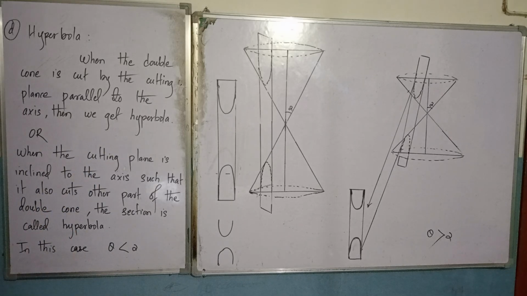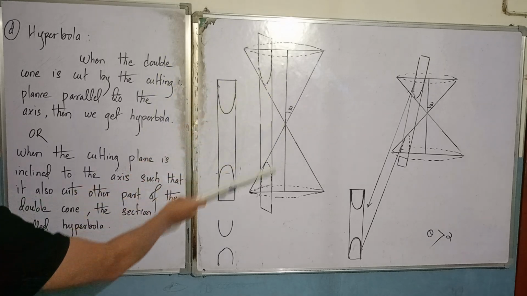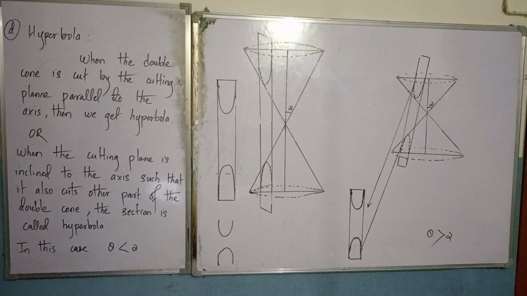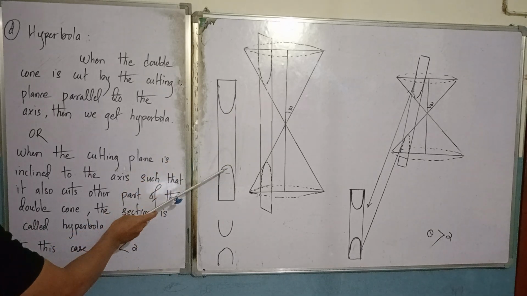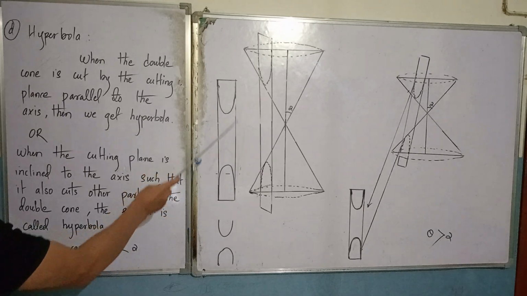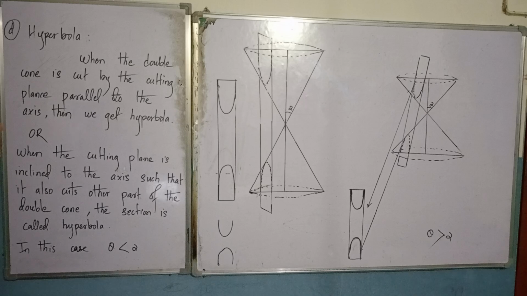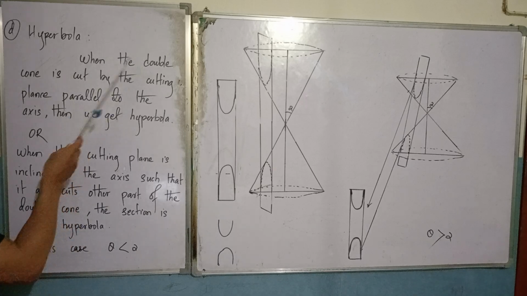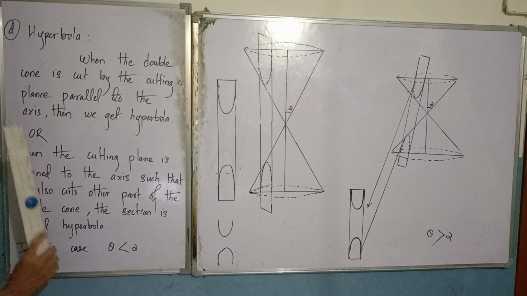It is a must that the cutting plane cuts both the naps at the same time. Here two parabolas are formed, opposite to each other, and combined together we get this hyperbola. So when the double cone is cut by a cutting plane parallel to the axis, we get the hyperbola.